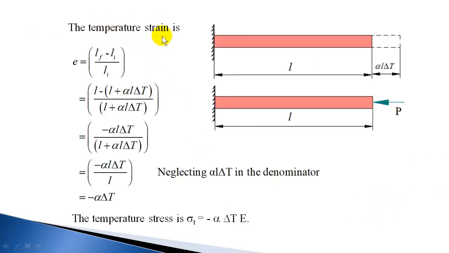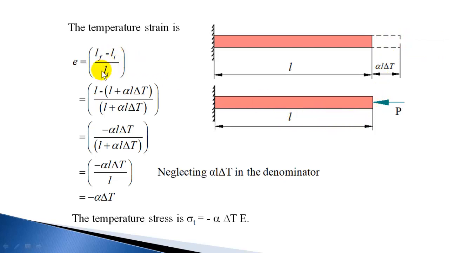Now you can find out the temperature strain like this. So length is L plus alpha L delta T, and final length is L. So due to this compressive force applied, final length is reduced to L.